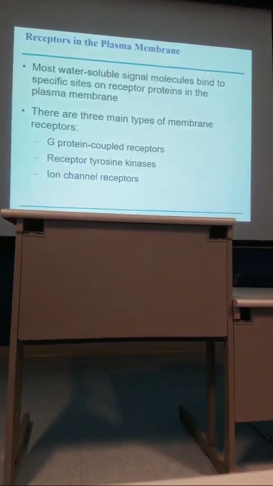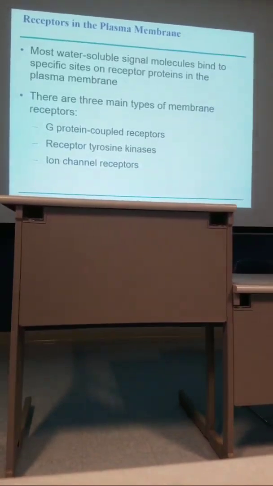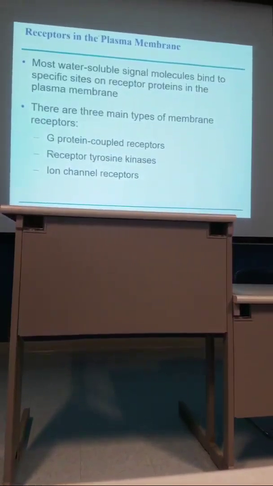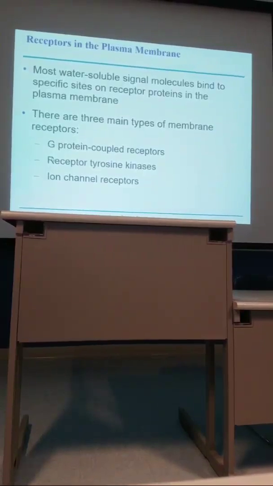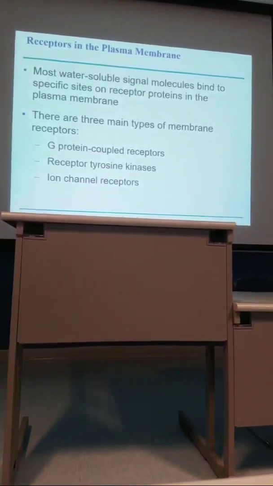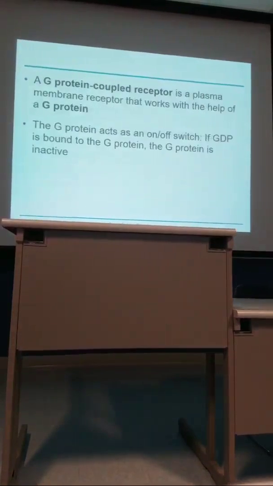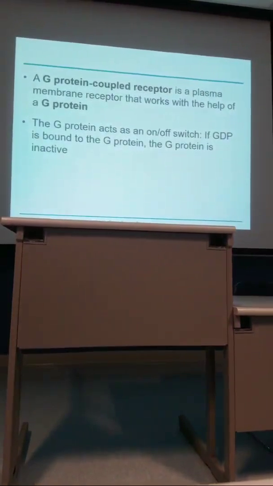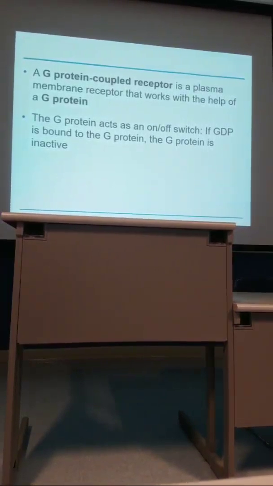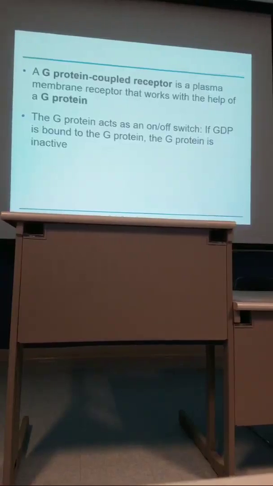I am not going to make you remember these three types of proteins here. When you take cell biology and get into it a little bit deeper, you will go over those then. G proteins, though, are very common, and they are a very common way that all of this works.